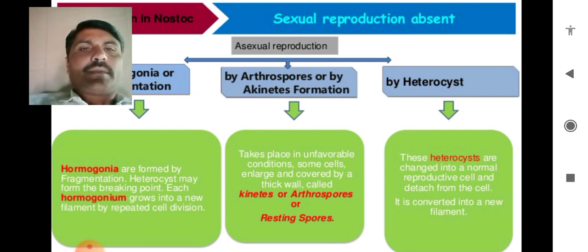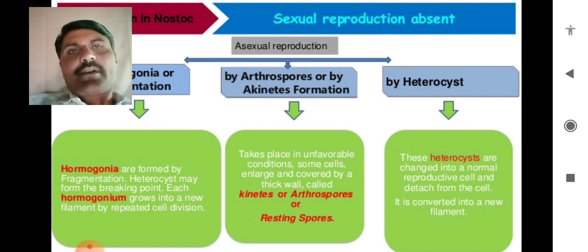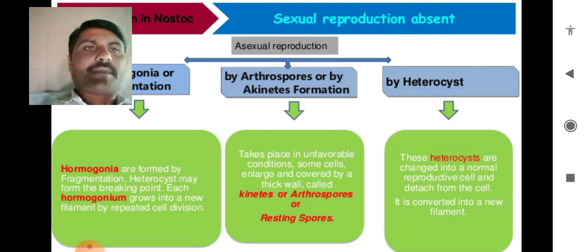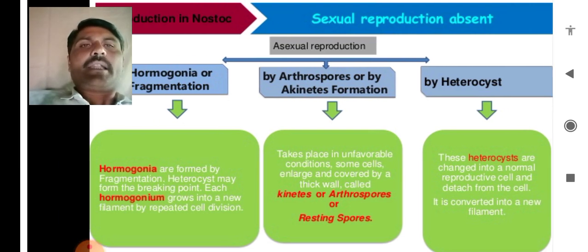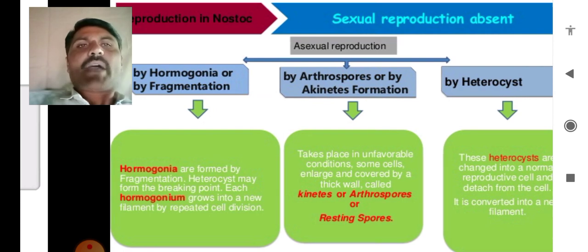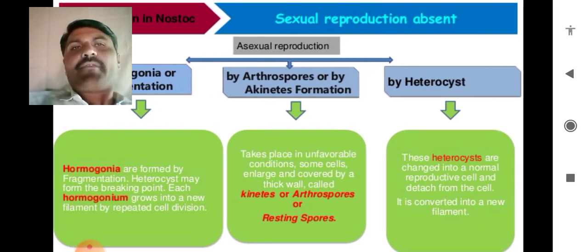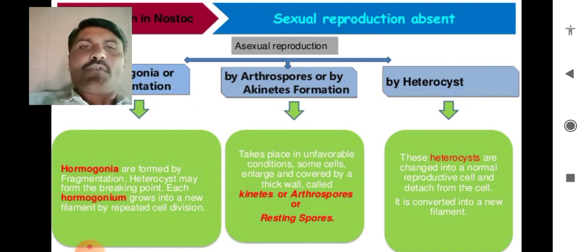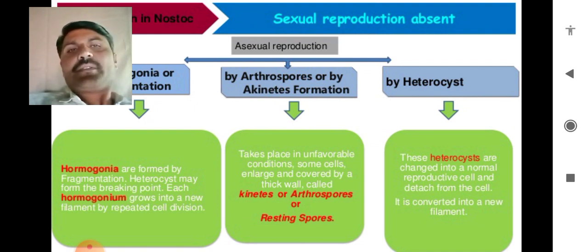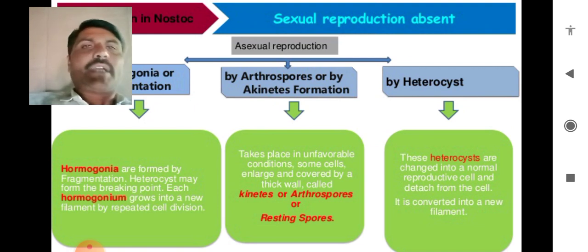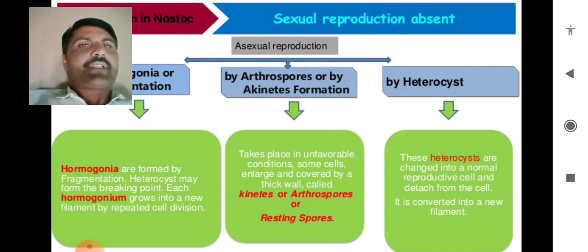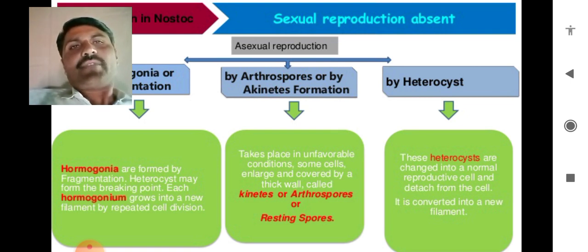Now, there are three types of asexual reproduction: by akinete formation, by heterocyst, as we have shown in the earlier slide, and by the formation of hormogonia or by fragmentation. Hormogonia are formed just beneath the heterocyst and help to break down the filament.